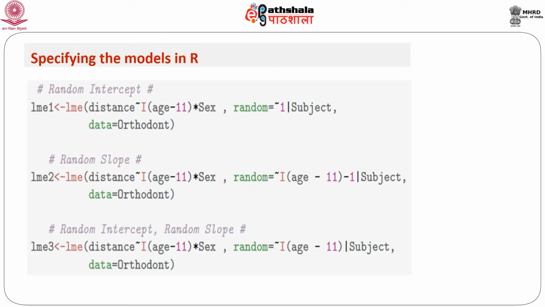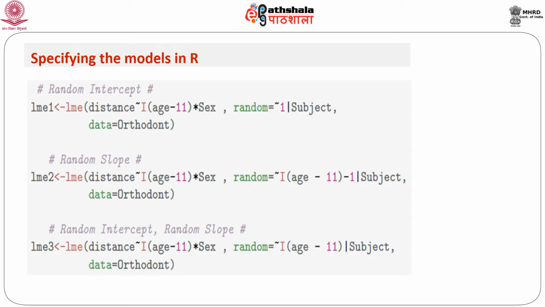So, lME1 is a random intercept model, lME2 is a random slope model, lME3 is a random intercept random slope model. And for all the 3 models, the mean model has the same structure. The first model says that the variation is only due to the intercept of the subjects.